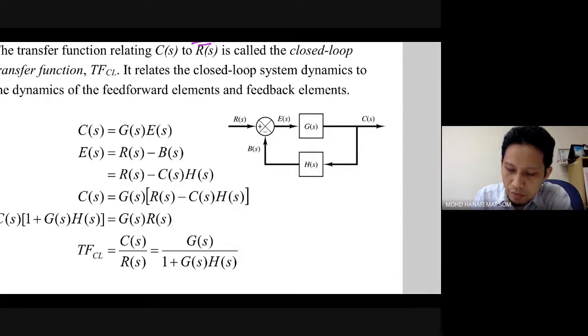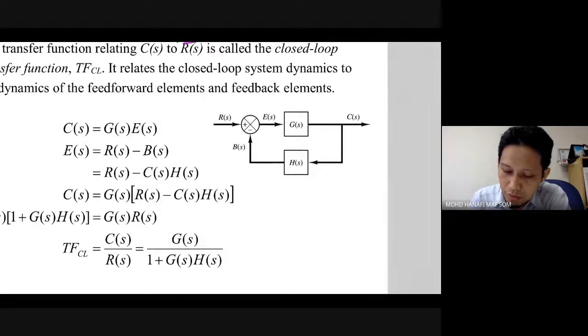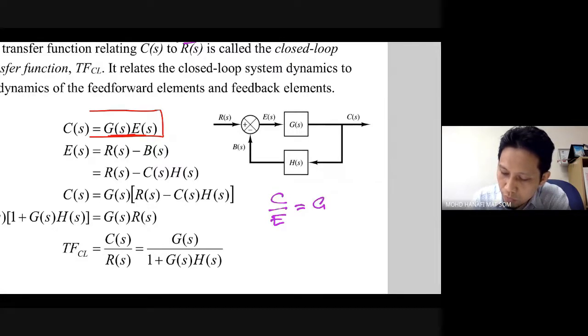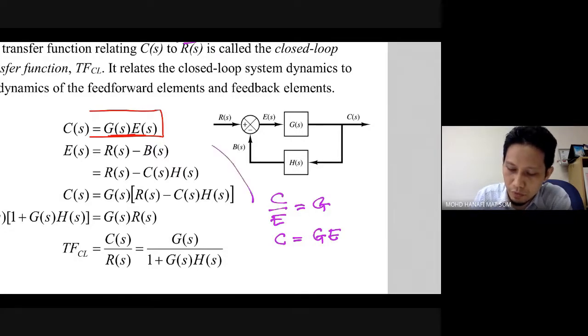C(s) is related by G and E. This is the forward transfer function. Remember, C over E equals G, right? So you have C equals G and E.